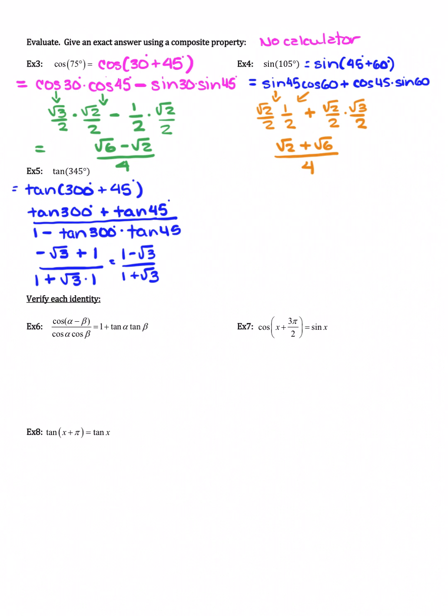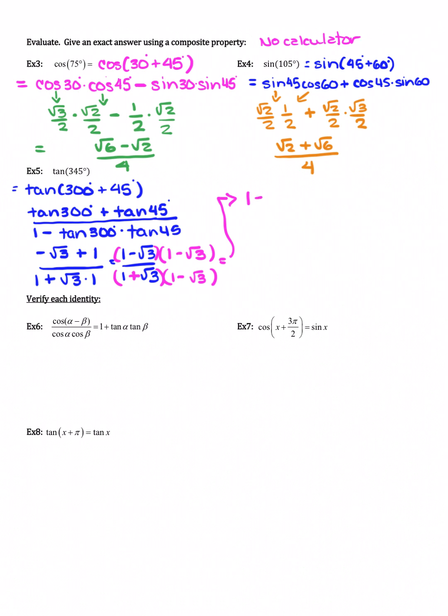With these ones, I am going to ask you to rationalize the denominator because it's a good review of how do you rationalize when you have more than one term. The way you do it is whatever's in the denominator, we're going to multiply by the conjugate. So we're going to multiply top and bottom by 1 minus rad 3. So this will go in parentheses. So the first thing we're going to do, actually I'm going to work it out up here and then we'll come on down, is we FOIL.